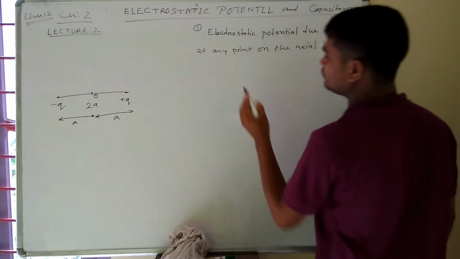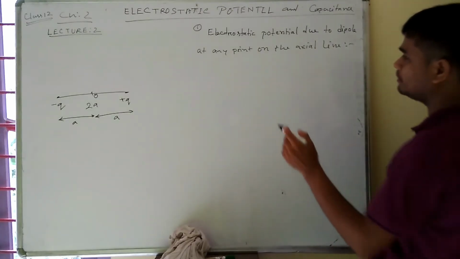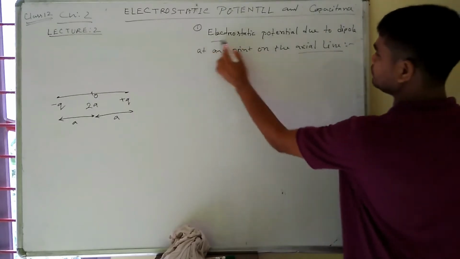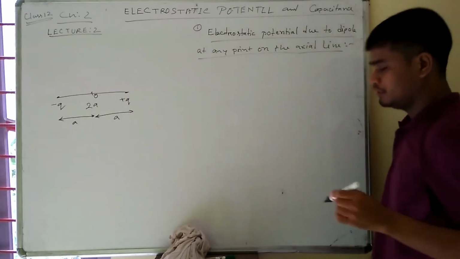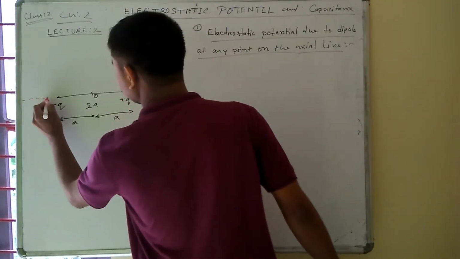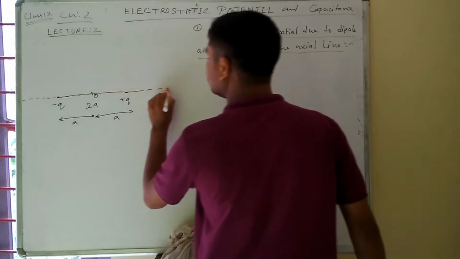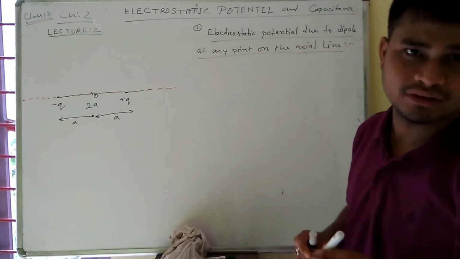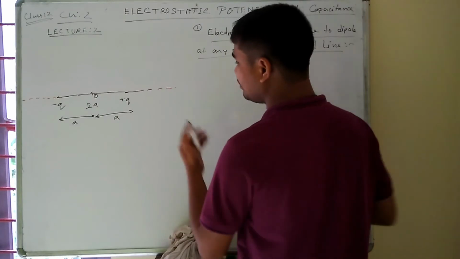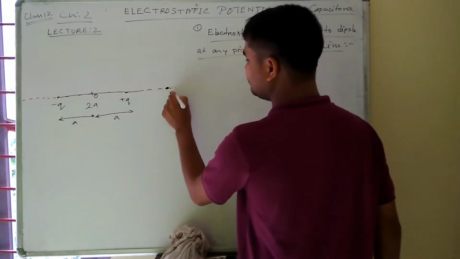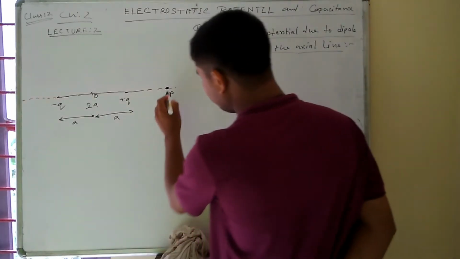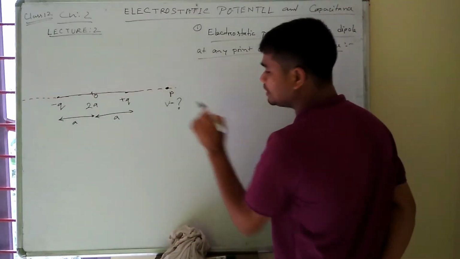We have to find the electrostatic potential due to the dipole at any point on the axial line. This is the axis of the dipole, therefore we can consider any point P on the axial line. We have to find the potential at P.